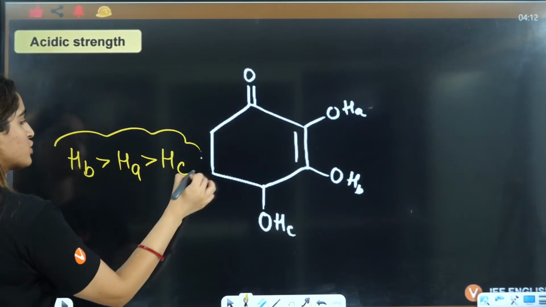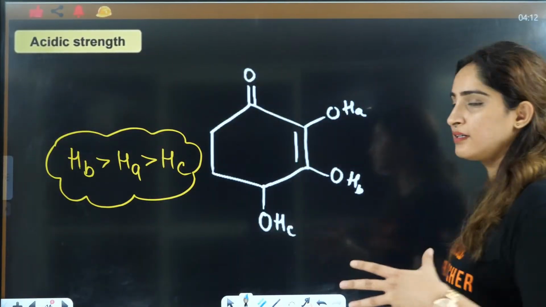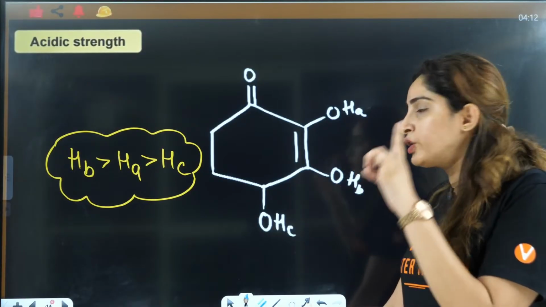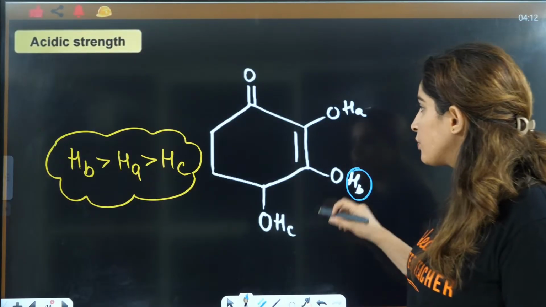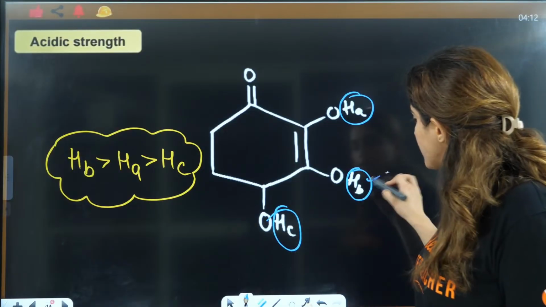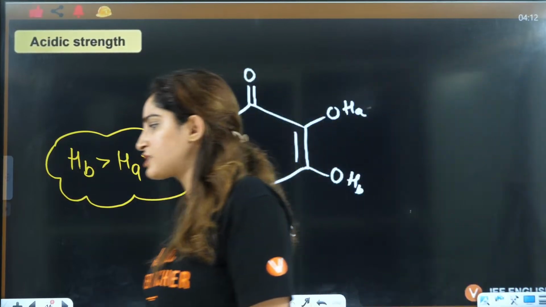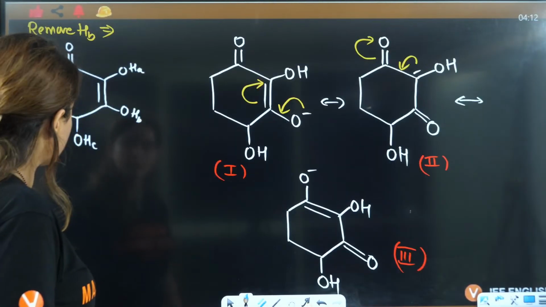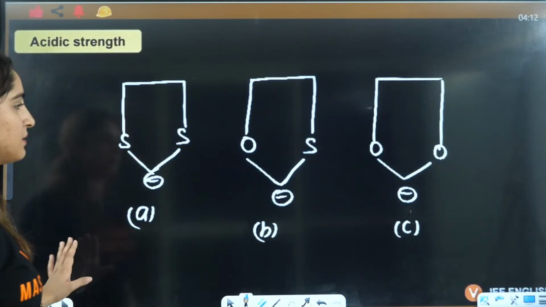This is the acidic strength: HB will lose first, then HA, then HC. The reason is that after losing this, you will have a very stable carbanion, after that HA and after that HC. Right? Okay. Now, let's move next. HB, A and C.